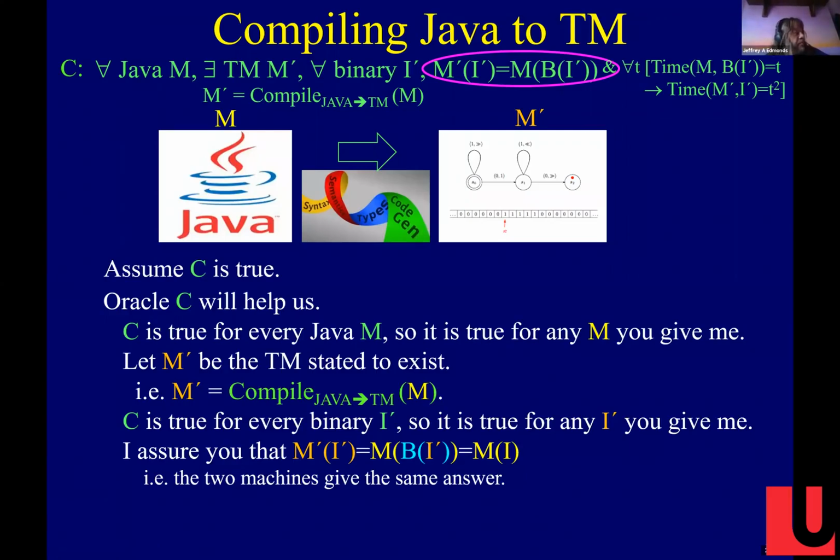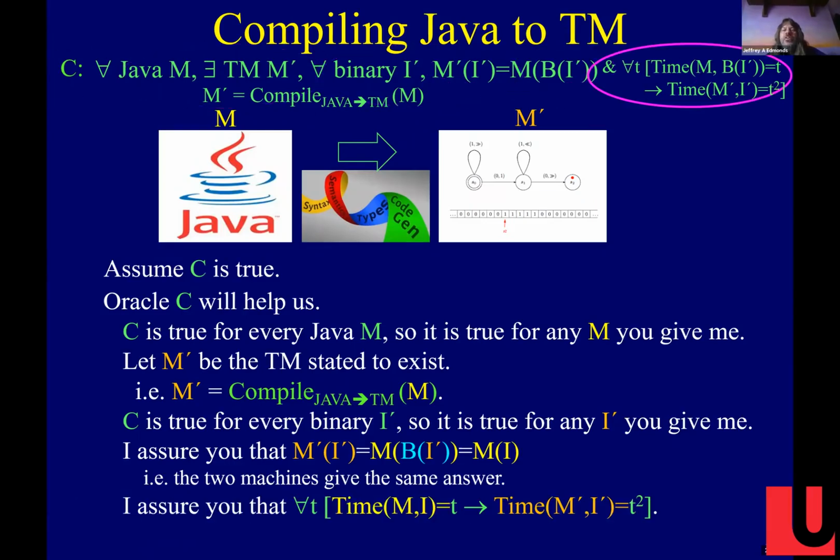Does that make sense? I just got a little confused. Why does it say B when it's returning an ASCII string and not a binary string? It's B because it comes from Oracle B. That's what the B is. It's B for the B statement.